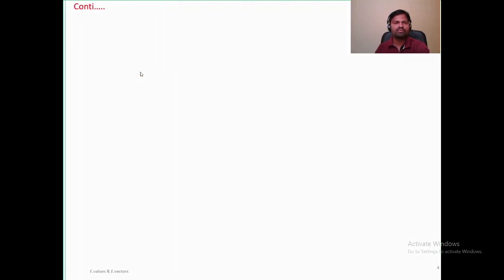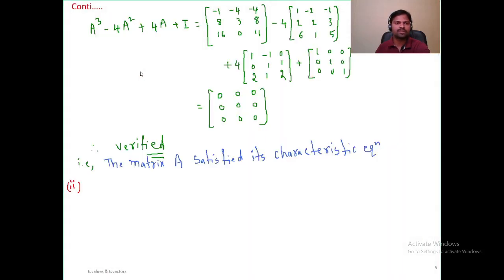How to find those? Let us look at. So by Cayley-Hamilton theorem, you have to calculate A cube and A power 4, A power 3 and A power 4. These two things we want by Cayley-Hamilton theorem.